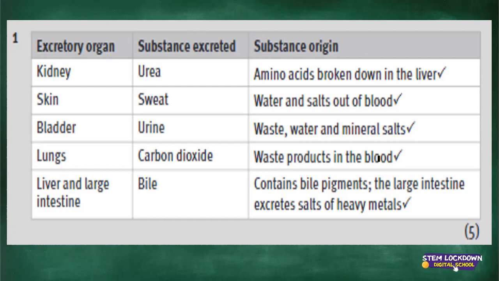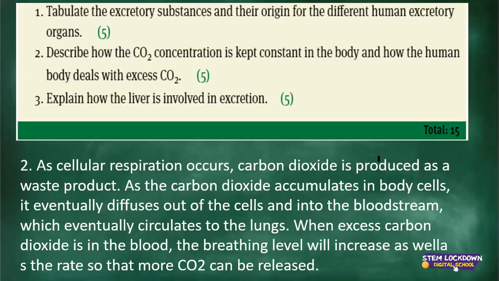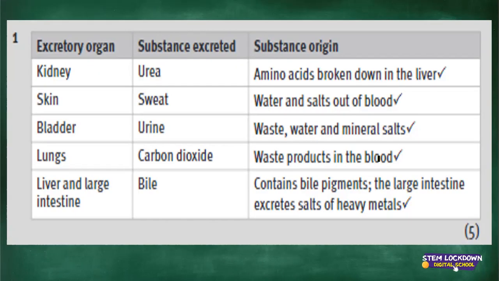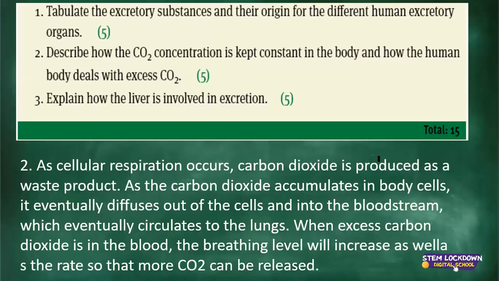So this is very important to remember because you will be asked one way or the other in your assessments. You will be asked a question similar to this. Just know the organ, know what substance is excreted, and it helps to understand exactly where that substance had originated from.